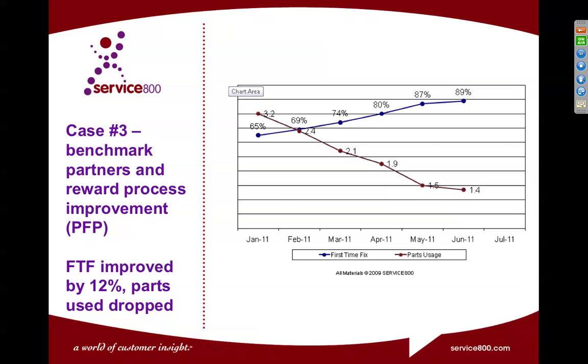However, this effort, by focusing on those characteristics that make the biggest difference to the benchmark of customer satisfaction, first-time fix, and parts usage, drove an overall operational savings of millions of dollars. It truly was millions of dollars for this OEM. The cost of this program was significant, but it was only 5% of the millions of dollars that they saved in this program.